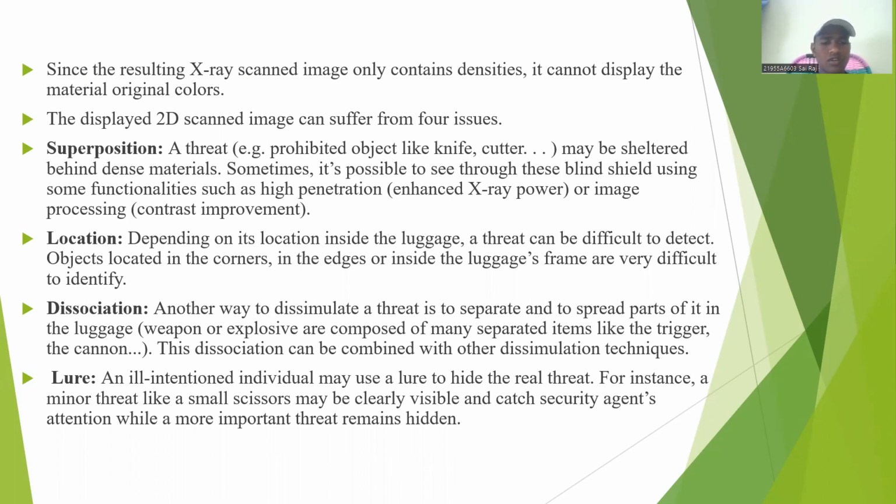Weapons or explosives are composed of many separated items like the trigger and the cannon. This dissociation can be combined with other dissimulation techniques. For example, a gun whose trigger, body, and other parts are separated, so we cannot detect it properly, though it is a harmful weapon. So this dissociation is also not handled well in X-ray scan.